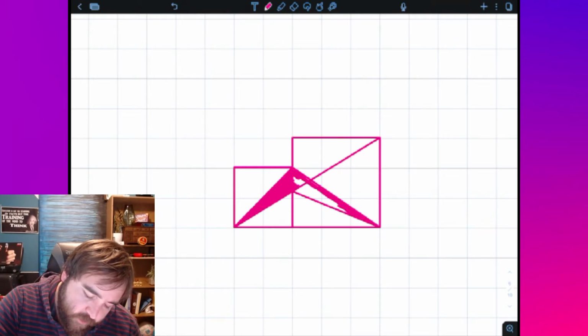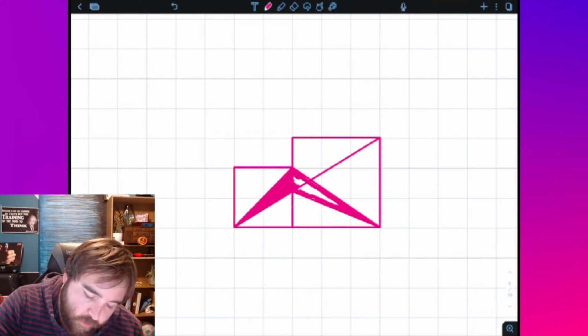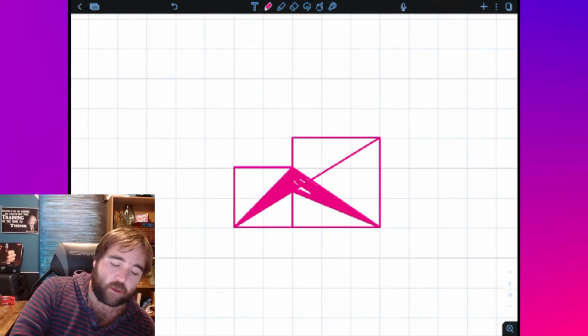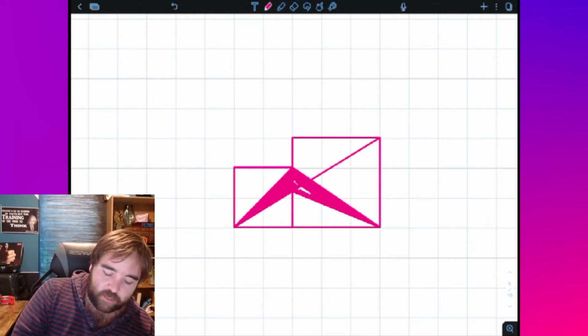And the question is, yeah, to find that area. The one thing we know is the area of the, or I'm going to say the side length of the small square is the square root of 70.